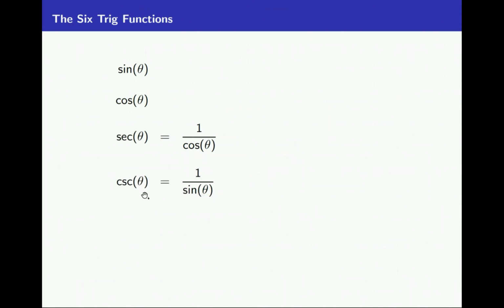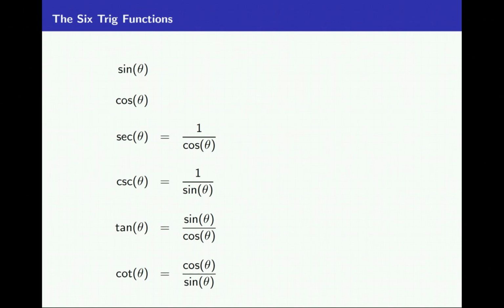Cosecant theta equals 1 over sine theta. Tangent theta is sine theta over cosine theta. And cotangent theta is cosine theta over sine theta. These are the 6 basic trigonometric functions.